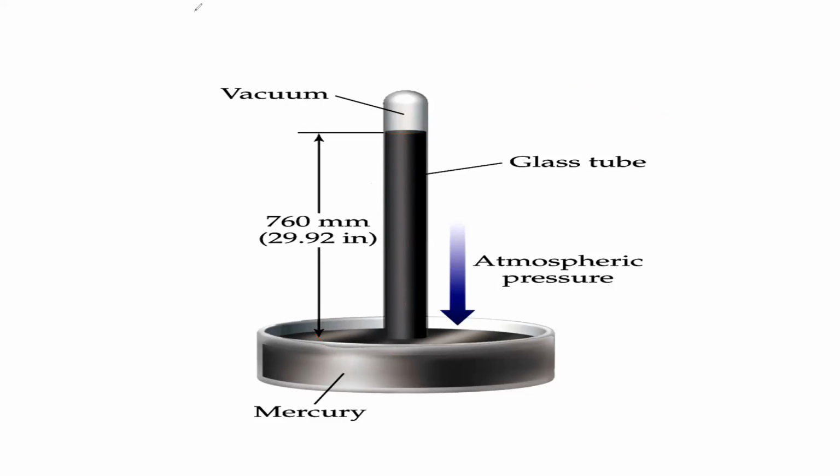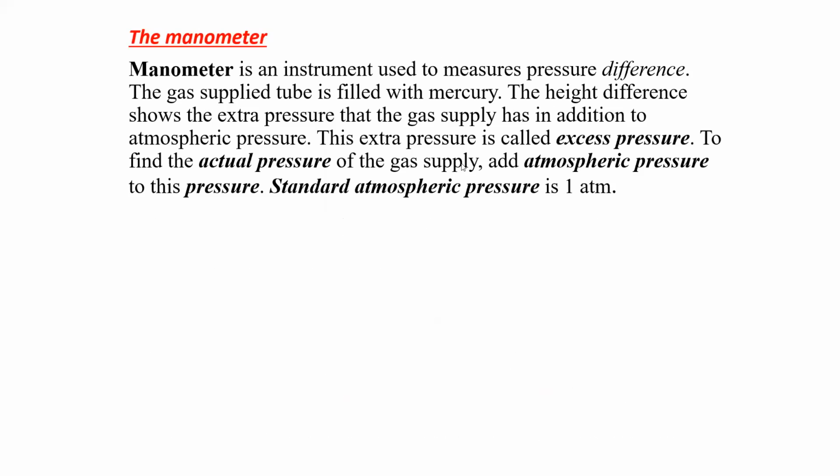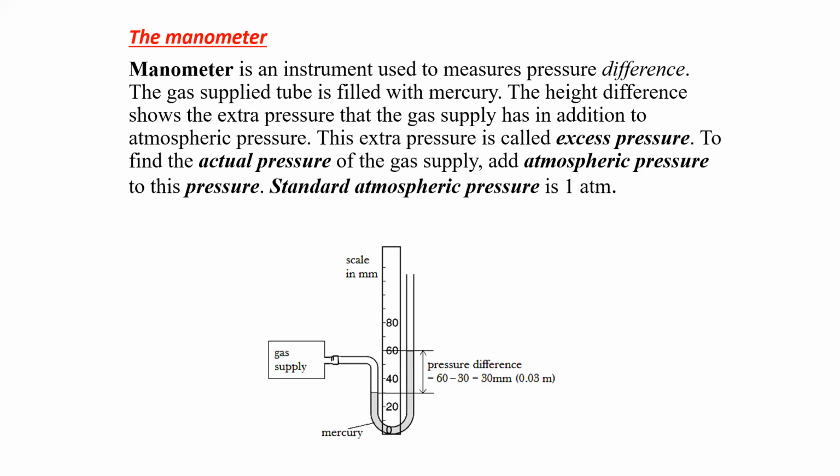But atmospheric pressure is not constant, it varies. The normal atmospheric pressure at sea level is 100,000 Pascal. A manometer is a device which is used to measure the pressure exerted by a gas. So it is comparing the pressure of the atmosphere with the gas.